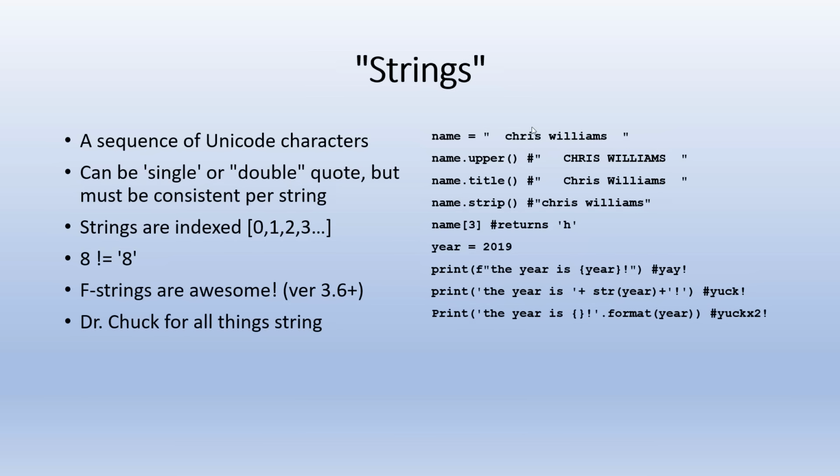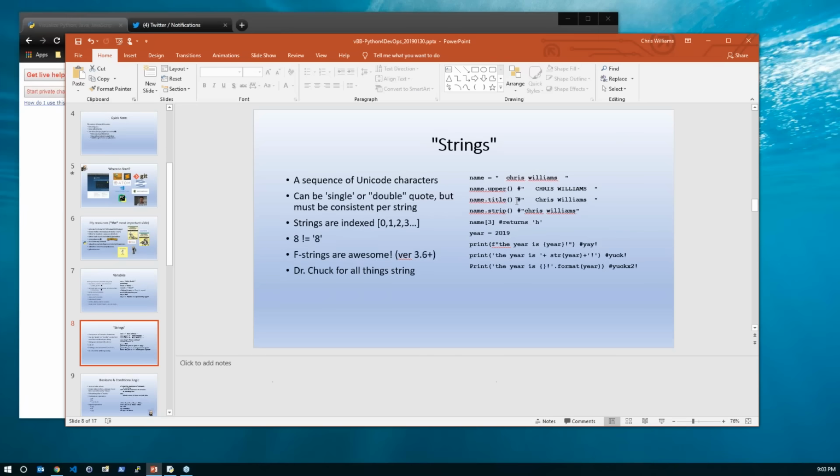You can use single quotes or double quotes to instantiate your string, but you have to be consistent across the string. So this string has double quotes, this string has single quotes. You can't have a string that starts with a double quote and ends with a single quote. The reason for that is sometimes you want to show possession, let's say Chris's something or other, and you want to have an apostrophe S in here.